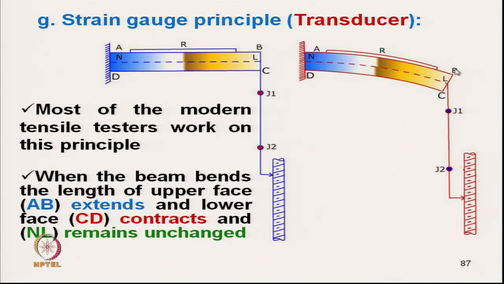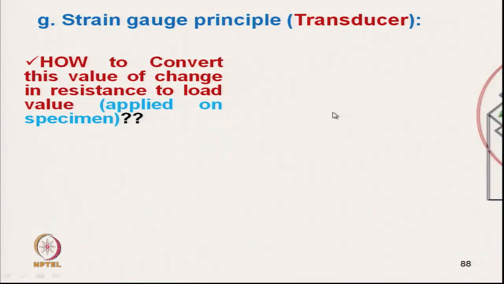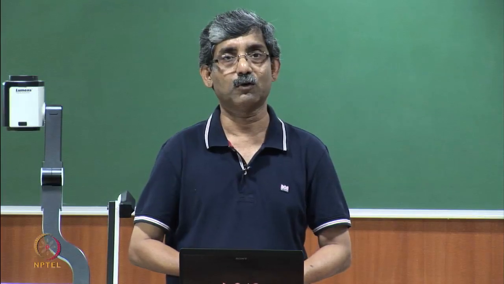So, in that case, as we have discussed, we can fix some resistance wires here. We have seen that we can put two resistance wires on the upper surface and two on the bottom surface.